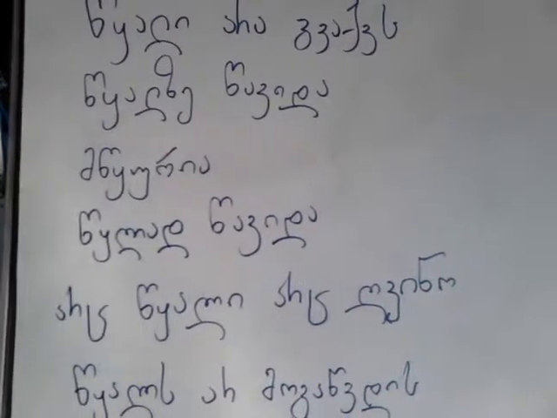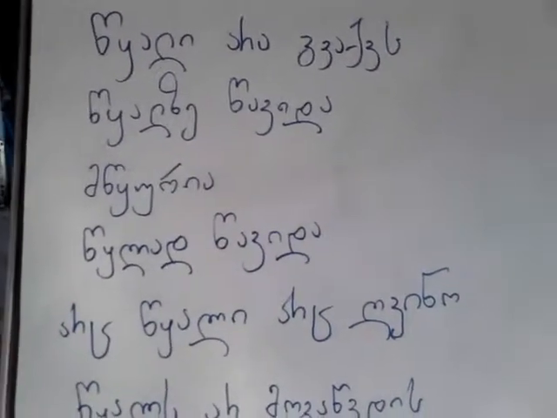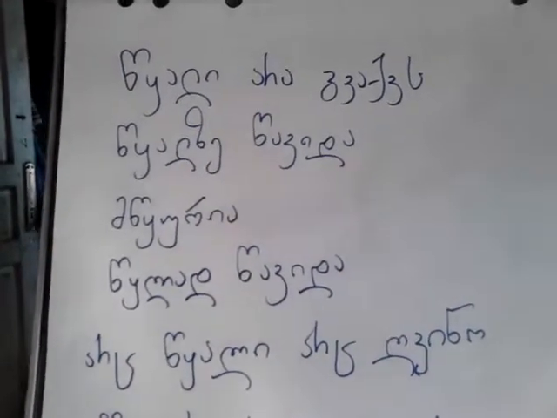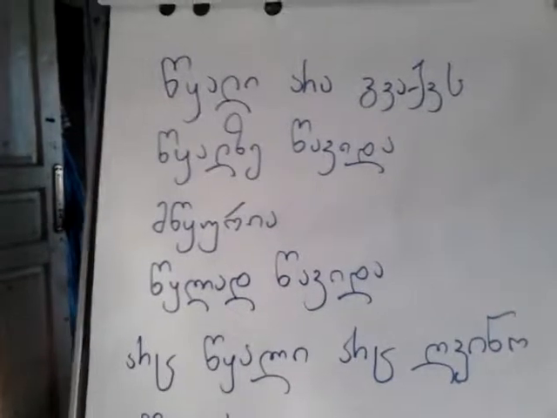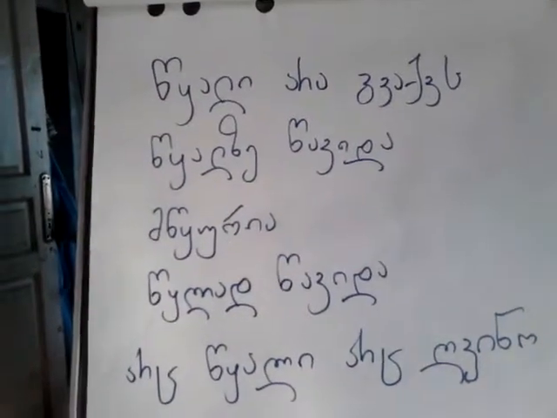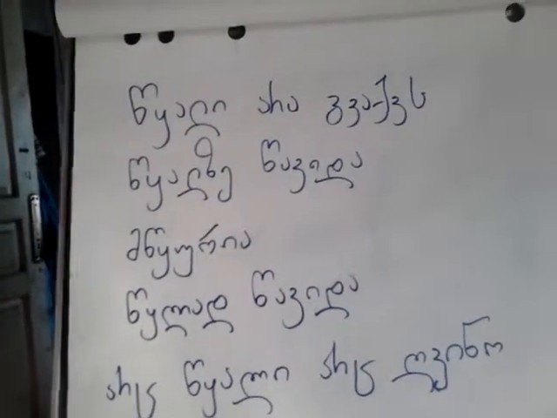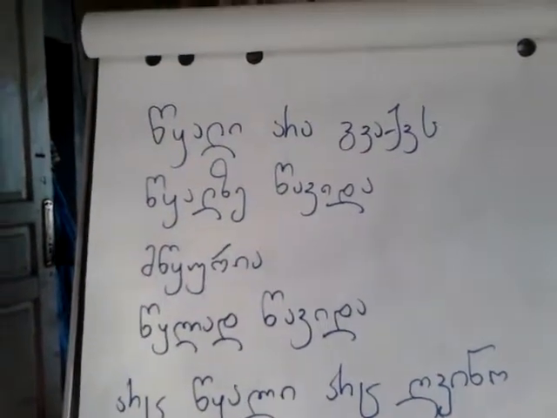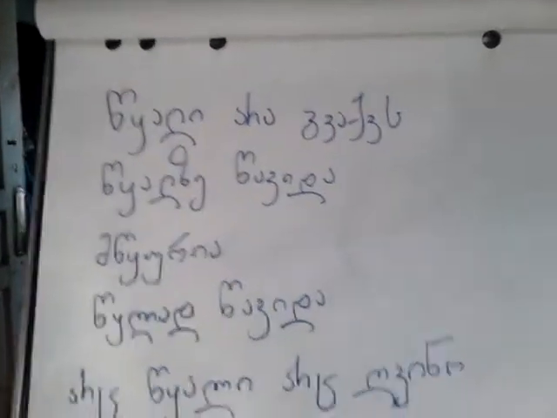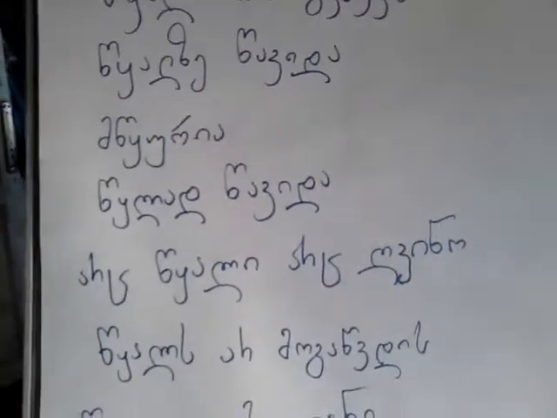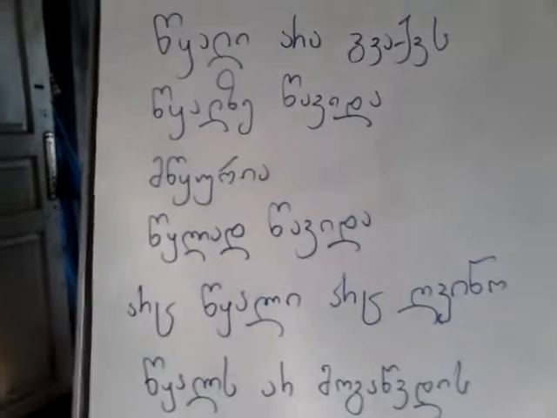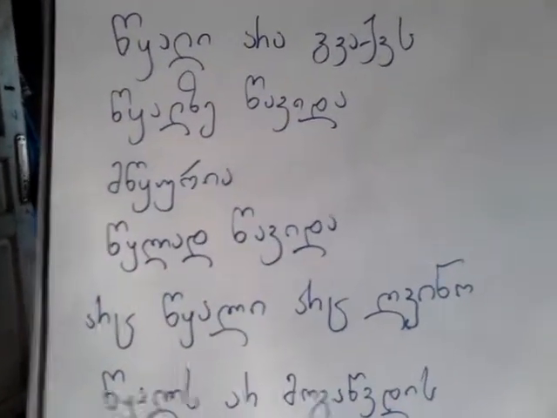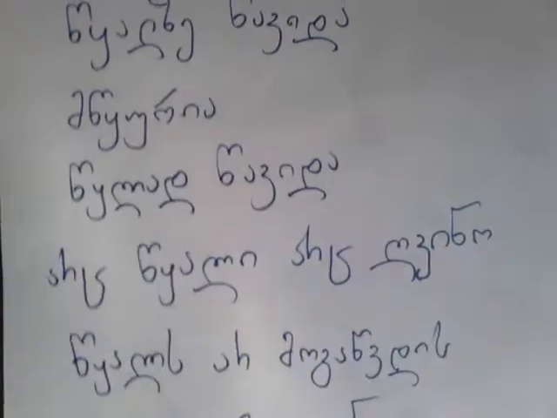When we can't define a person's character, and we don't see any distinct features which allow you to say that this person is clever or silly, beautiful or ugly, we say, oh no, she's არც წყალი, არც ღვინო, neither water nor wine. You can't say what it is. It's not water, it's not wine.